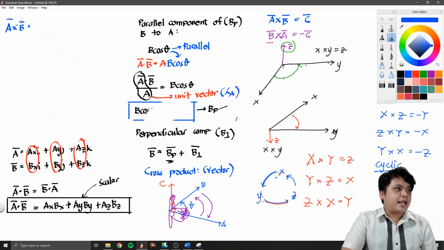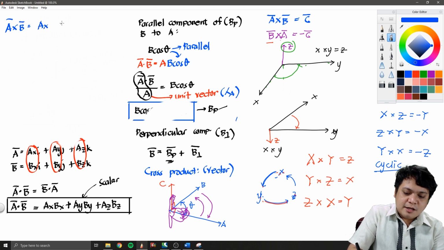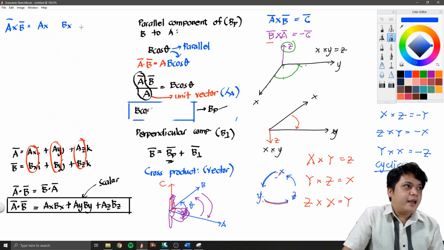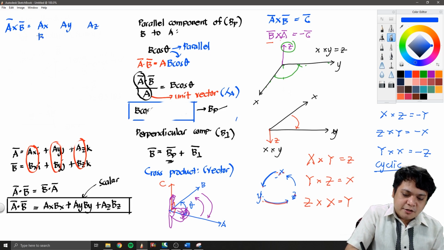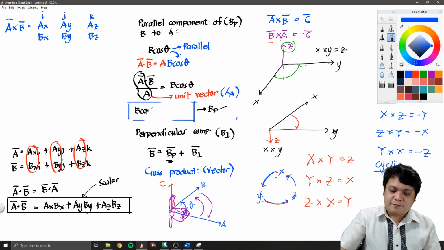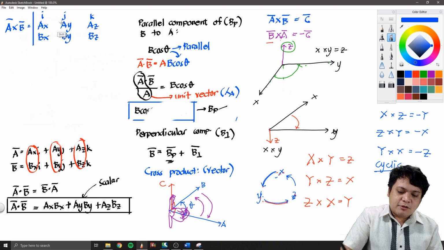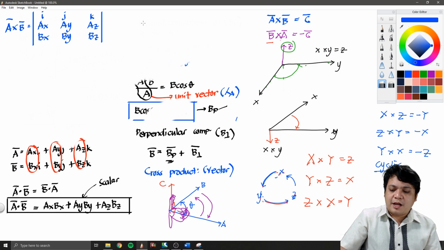So, ang gagawin natin sa A cross B, unahin ko muna si A. So, meron yung AX, AY, and then you have here the AZ, and then you have here the BX, and then BY, and then BZ. Of course, kailangan natin ng direction kasi this is a vector: I, J, K. Okay? And then, ang gagawin lang natin dyan, kukunin lang naman natin yung determinant. Okay? So, pinakamadaling gamitin ang determinant.